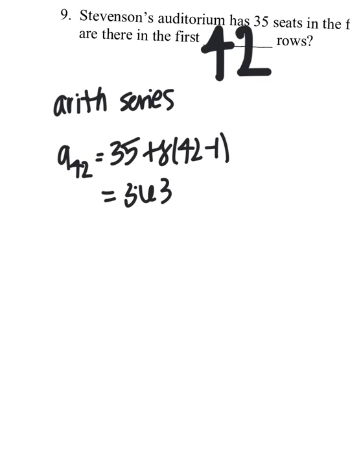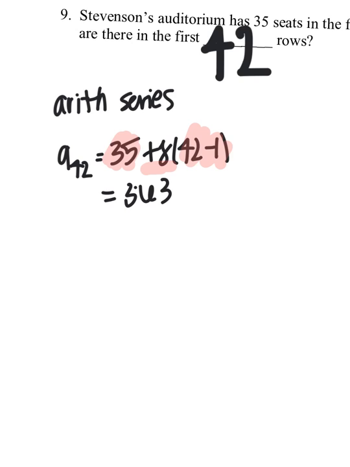Alright, and reading this, because I'm looking for a total number of seats, I know this is a series. Since my pattern is 8 additional seats plus 8, it is arithmetic. And when I'm using my formula, the only thing that I need to actually find off to the side is what is the 42nd term, how I do that, what is your starting term value, how is your sequence changing, and how many times do I need to move.